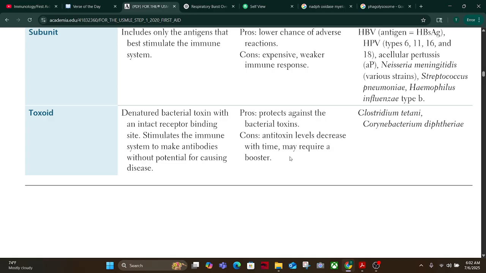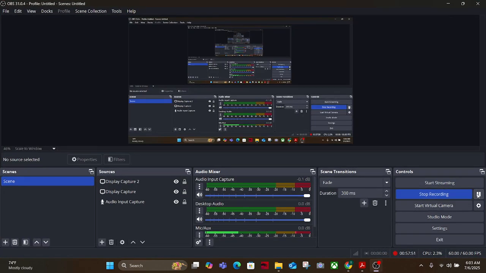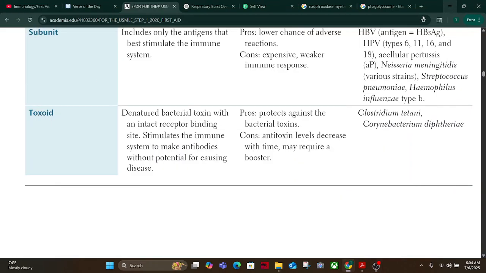Except Corynebacterium diphtheria and Clostridium tetani are both bacteria, not virus. I'd like to correct myself. Toxoid is not used for viruses at all. It's only used for bacteria. So toxoid is a vaccine that is made from toxin that is secreted from the bacteria. An example of this would be diphtheria.